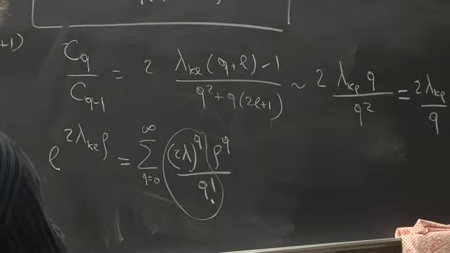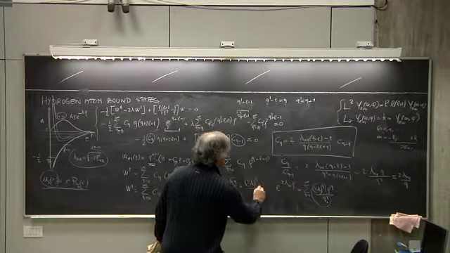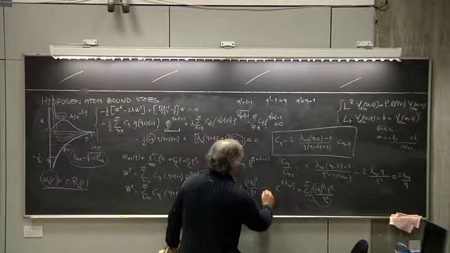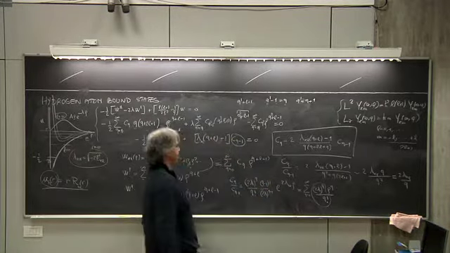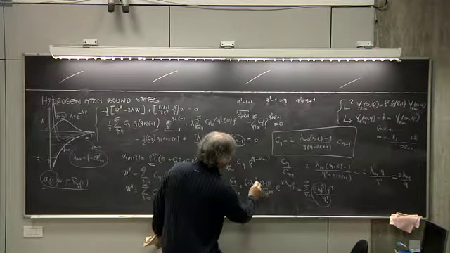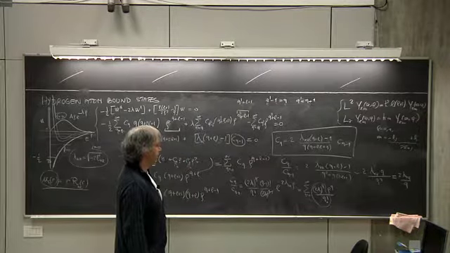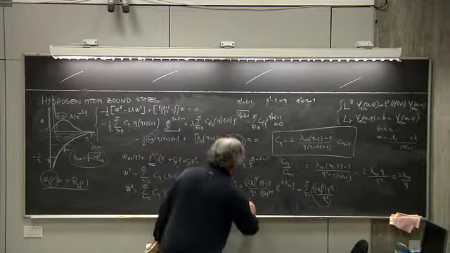So this would be (2 lambda) to the power q divided by q factorial, divided by (2 lambda) to the power q minus 1 over (q minus 1) factorial. But you see that now this essentially erases everything, but leaves a single factor 2 lambda.